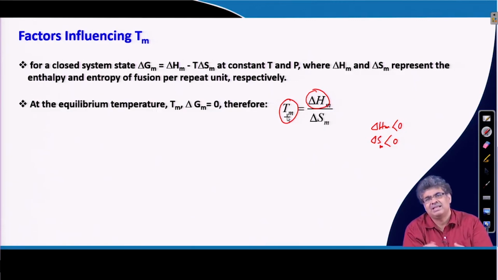You can also imagine that with small kids, it is very difficult for us to make them arrange in a line, whereas with older people, it is easier to make them a line. Similarly, if the intermolecular attraction between polymer chains increases, then it is easier for polymers to become crystalline.